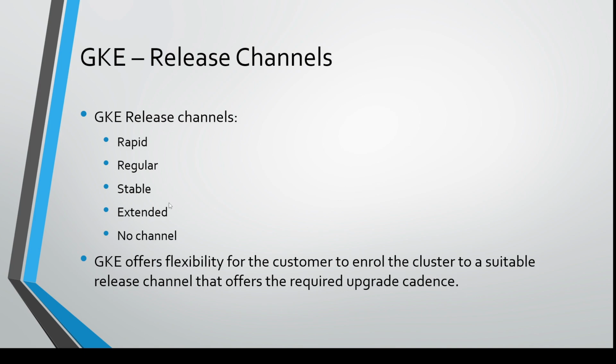You get the upgrade here, so it's always good to put your production cluster in the stable release channel. And the extended release channel is something where you need extended support for the version that you are on, and you don't have to upgrade your cluster until the end of support comes for the Kubernetes version. You can put it on the extended channel.